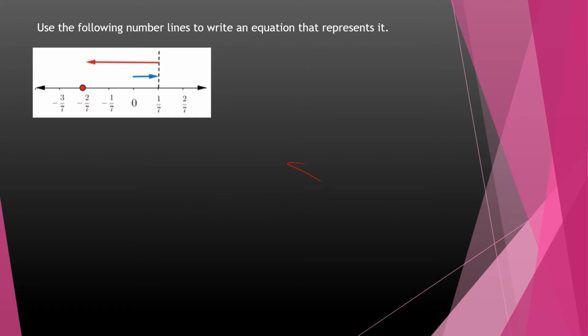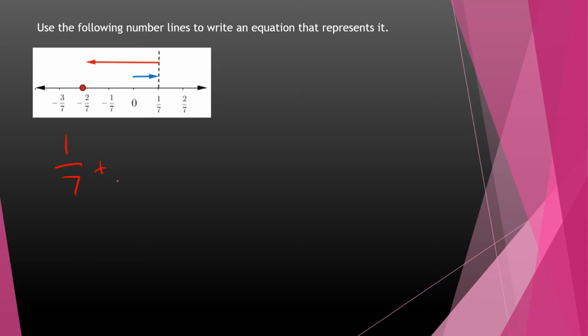Alright, next question. So now we're going to be taking these number lines and writing equations that represent them. Whenever you have a number line, the first arrow that starts at 0 is always going to be your first number. So whichever number starts at 0, that's the one you want to write first. So this blue arrow here goes from 0 to 1/7. So my first number would just be 1/7.